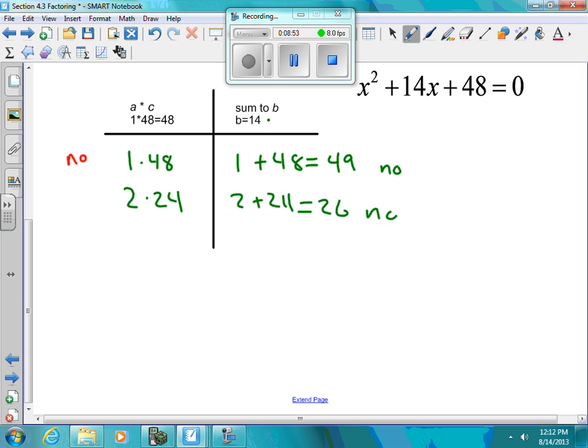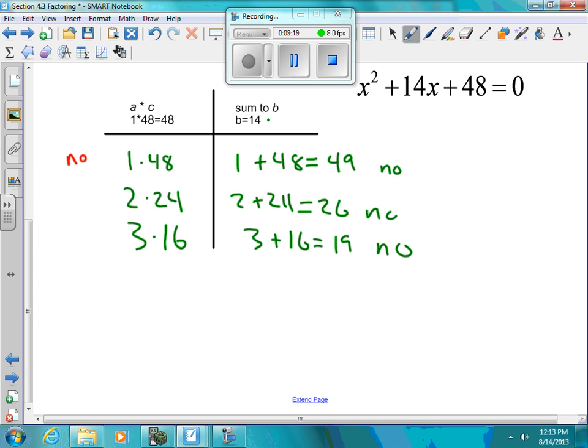Does 3 divide 48? Take a minute on your calculator and see. Hopefully you took a moment to see if it did, and you saw that 3 does divide 48. 3 times 16 is 48. 3 plus 16, that's closer, that's 19.